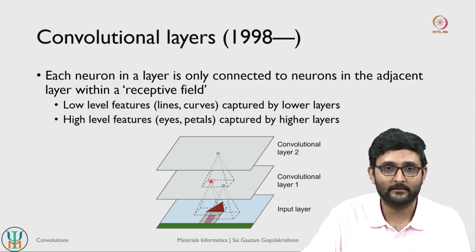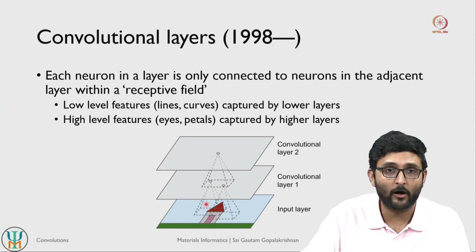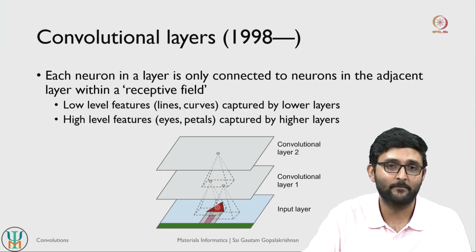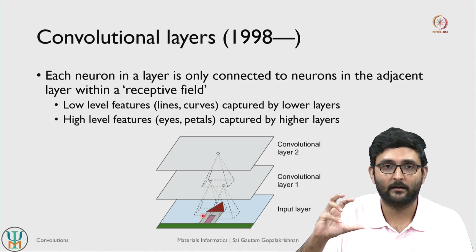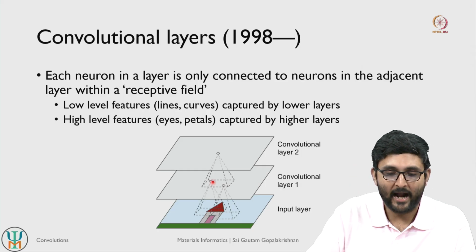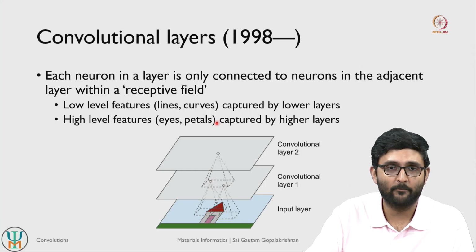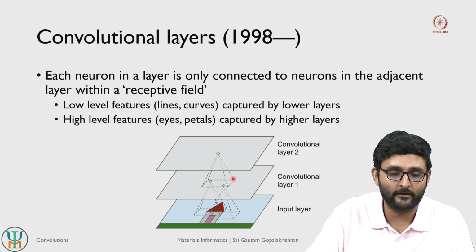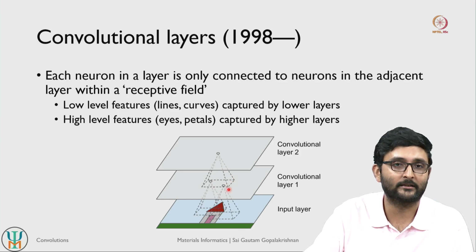So this enables the set of neurons here to only understand what is happening in a small portion of the image and decompose that image into simpler components or configurations. And as you go up in complexity, from the first hidden layer to the second hidden layer, neurons in the second hidden layer are only connected to neurons within their own receptive field.